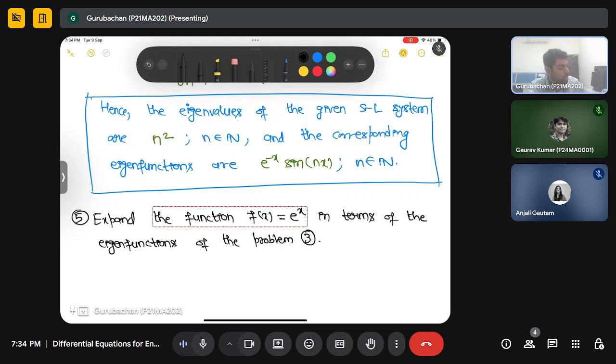Okay, so in problem 3, whatever eigenfunctions we got, we want to express this function in the form of those eigenfunctions. So try this one.